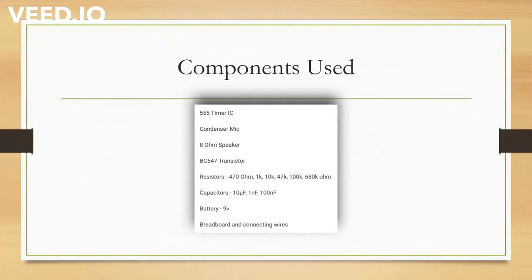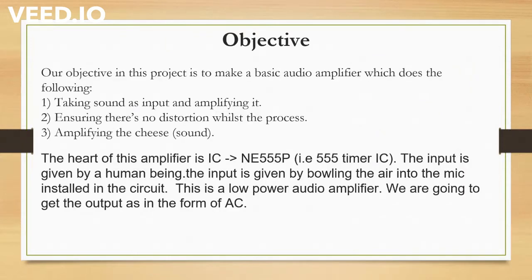The components used for our basic hardware: we are using a 555 timer IC, which is very effective. Secondly, we'll be using a condenser mic, an 8 ohm speaker, a BC547 transistor, multiple resistors, capacitors, a battery, a breadboard, and connecting wires.